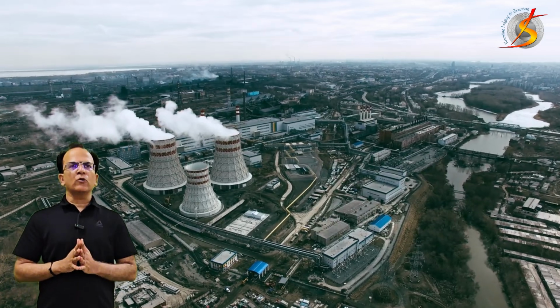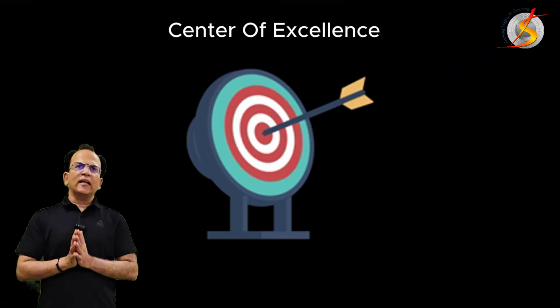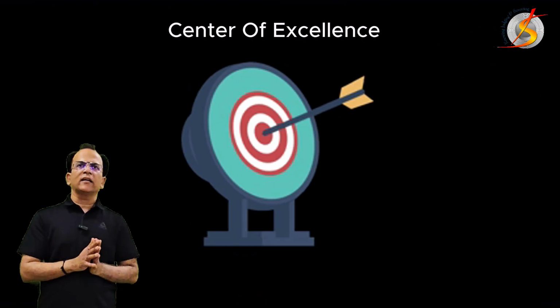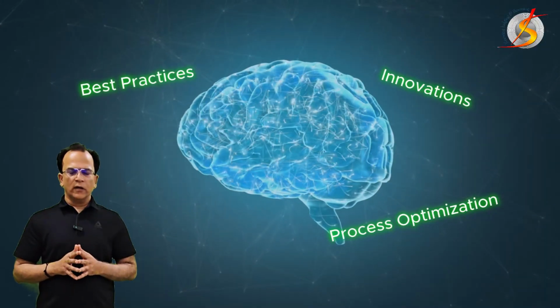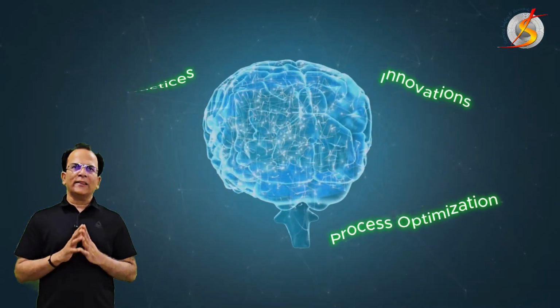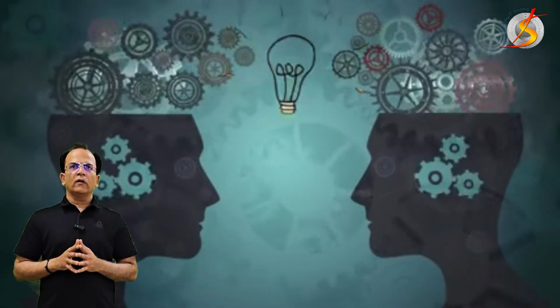Now let's talk about the Center of Excellence. The Center of Excellence functions as the knowledge hub for best practices, innovation, and process optimization. It provides the training, methodology, and support for continuous improvement. It works in tandem with the PoMG organization and technical experts to enhance technical efficiency and project efficiency.